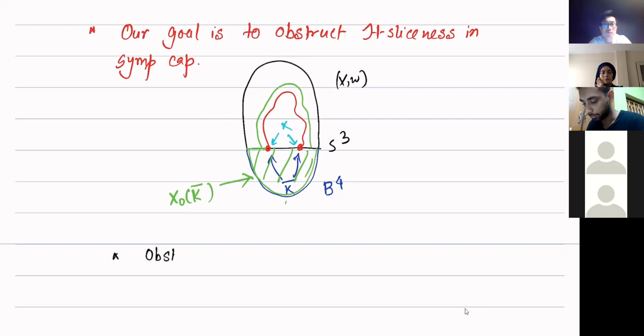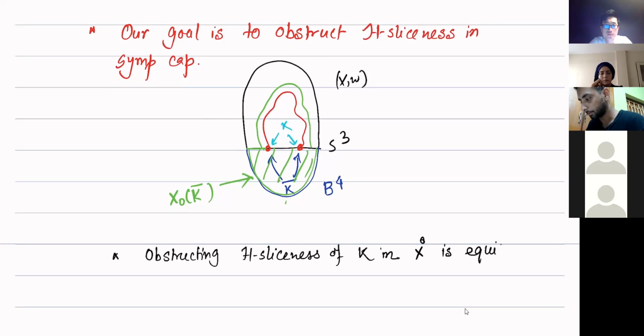Obstructing H-sliceness of K in X naught is equivalent to obstructing embedding of X naught K bar in the closed 4-manifold X. Okay.